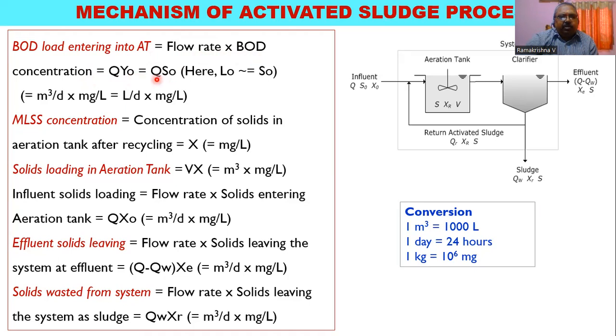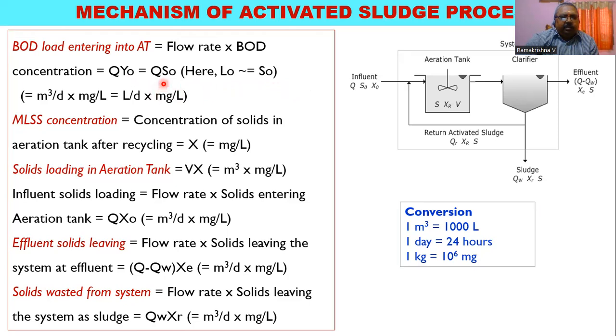This is also equal to Q into S naught, where S naught is the soluble BOD and Y naught is the 5-day BOD. We'll discuss soluble BOD at a later stage, but initially the soluble BOD S naught can be considered approximately equivalent to Y naught.